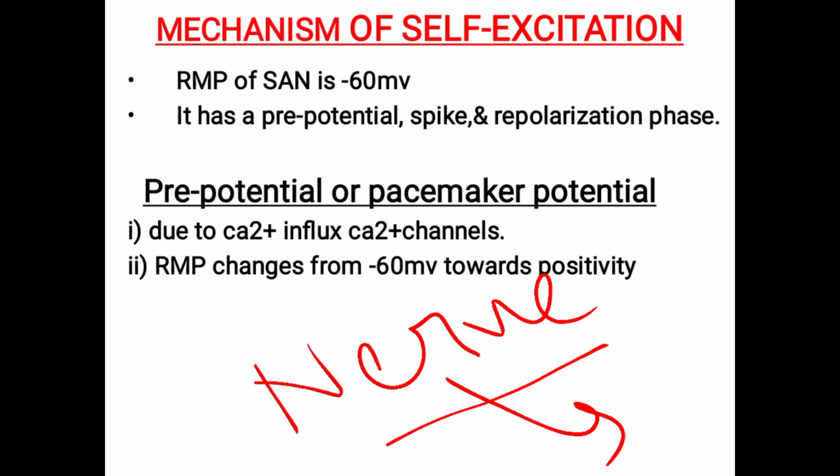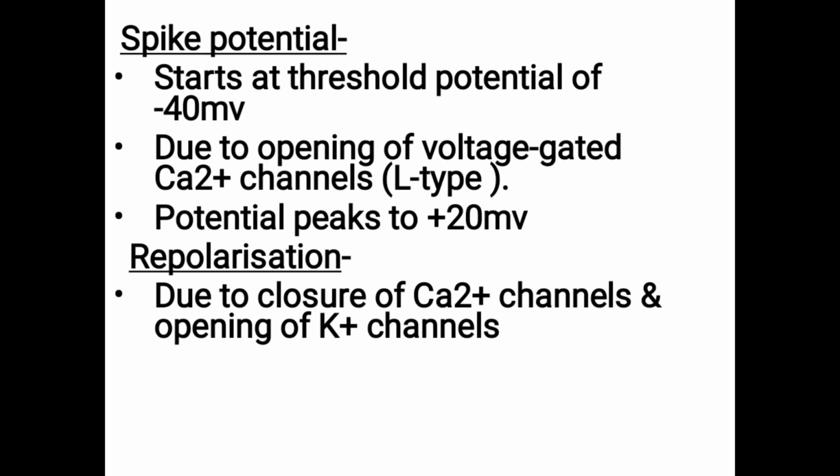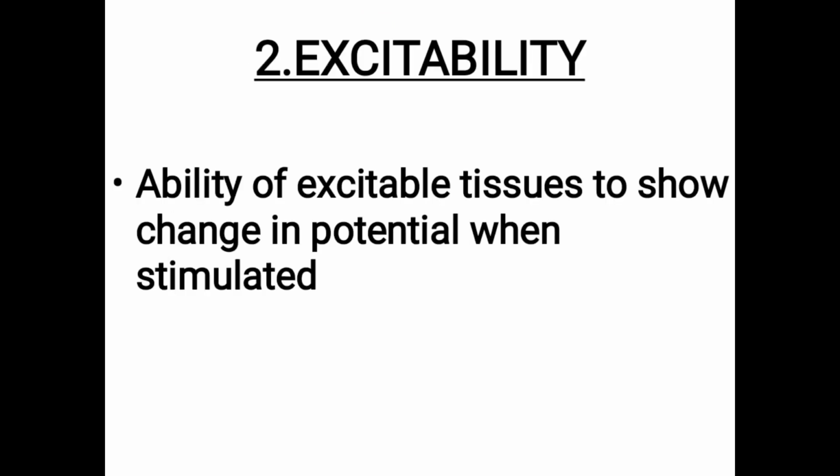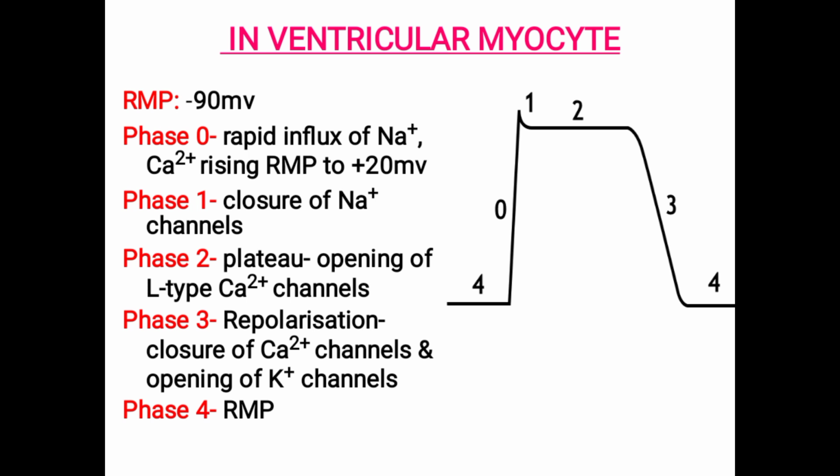The mechanism of excitation and the generation of these things, the graph, the influx of sodium and all, I will explain in the nerve muscle class. There the excitability and action potential curves of nerve, skeletal muscle and cardiac muscle I will explain together. Clear? Okay, next coming to conductivity.